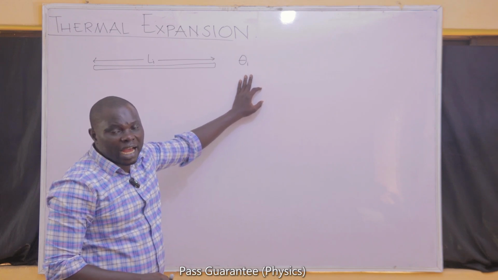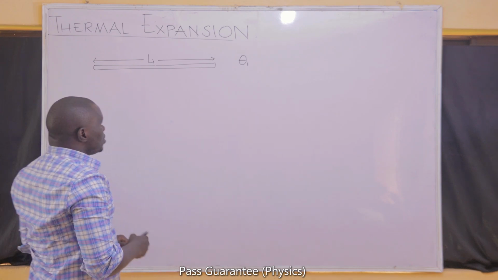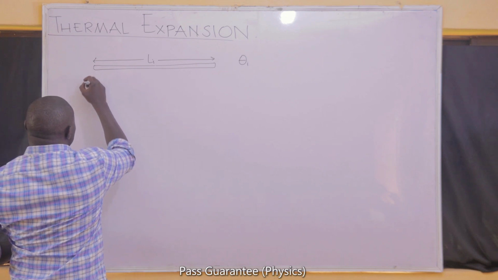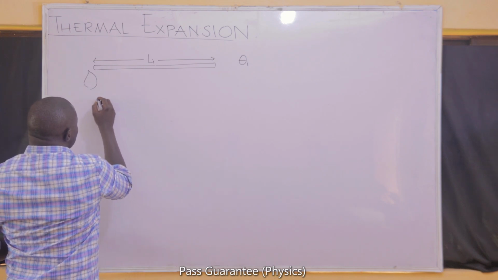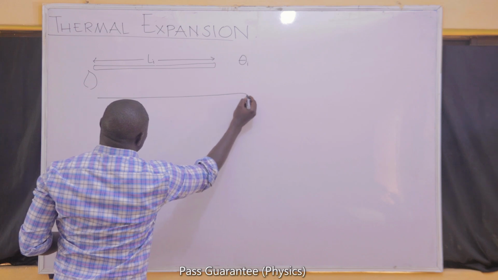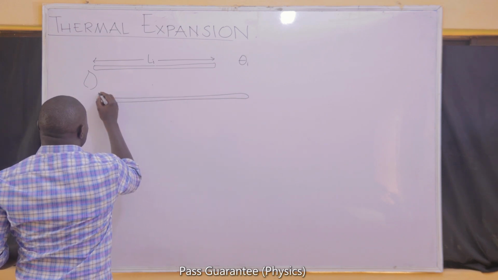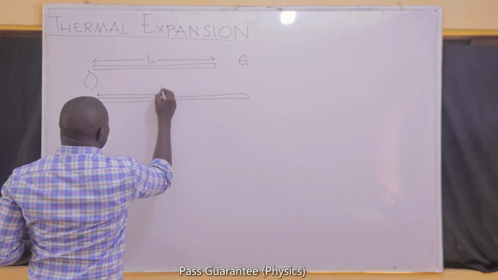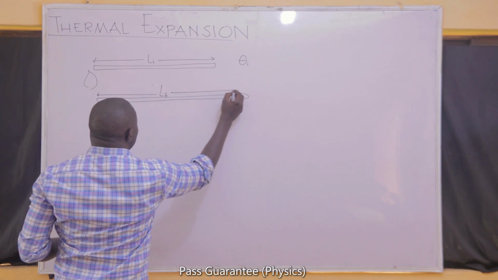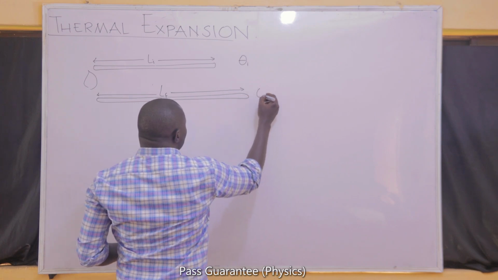Let me call that theta I, that is the initial temperature. When we heat this material, we expect the material to increase in length, thereby having a new length that I can refer to as Lf at a new temperature, theta F.